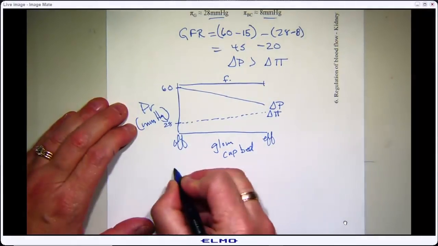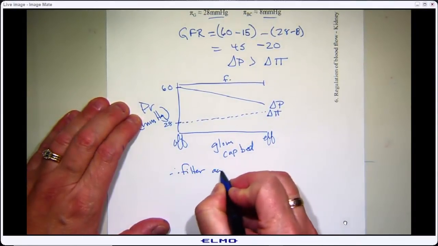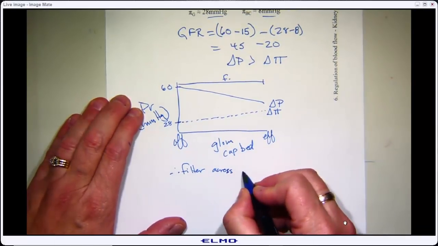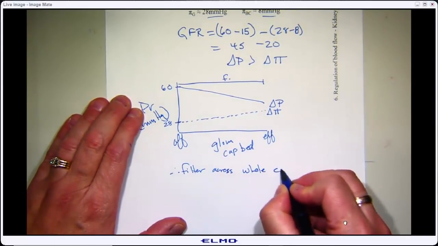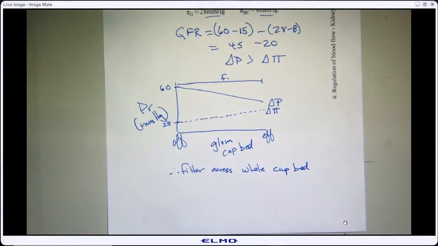So at the end of the day, let's write it in words. We filter across the whole capillary bed. And of course, filtration across the whole capillary bed, net movement from the blood compartment into the Bowman's capsule across the entire capillary bed, okay?